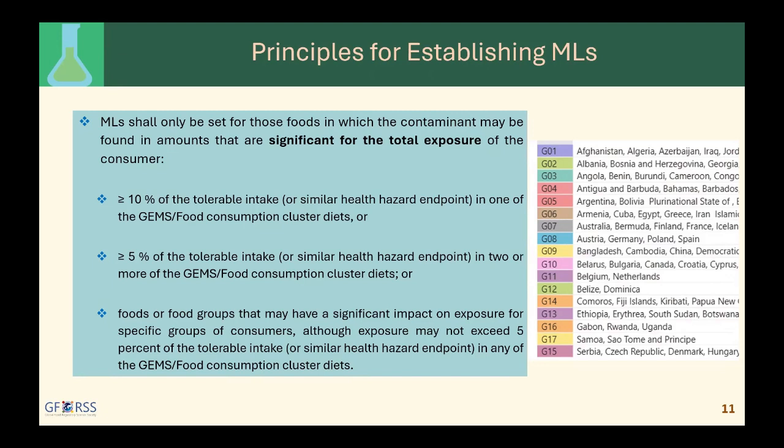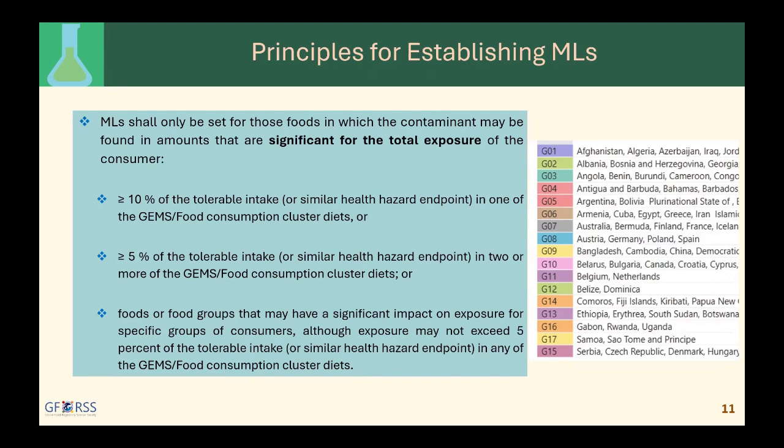I will compare it in my risk characterization step to my health-based guidance value, to my toxicological threshold. If I find that in one cluster diet, honey is contributing to more than 10% of the total exposure to lead, okay, I will say that I need to set a maximum level for lead in honey.